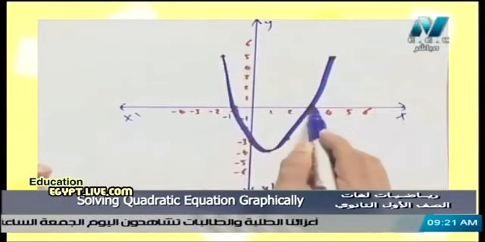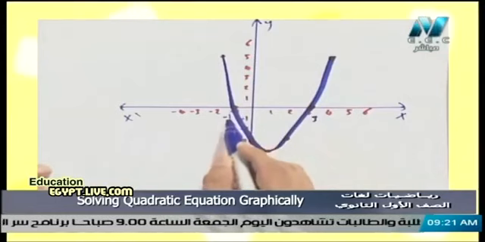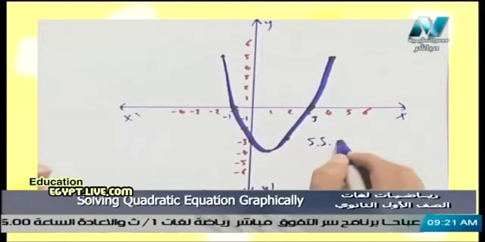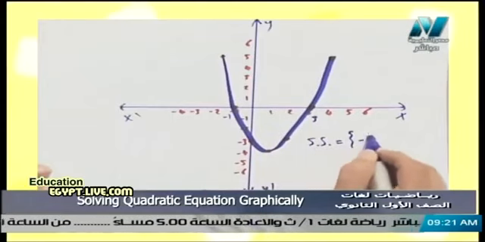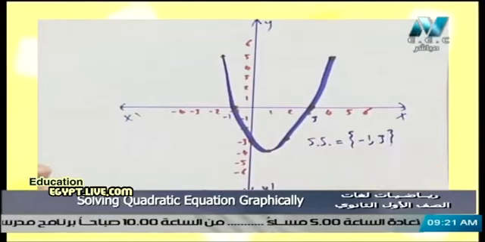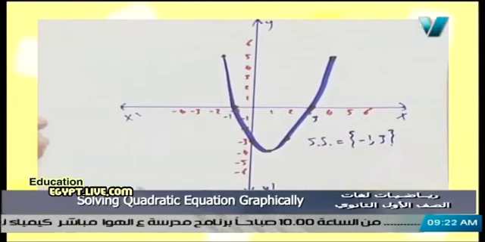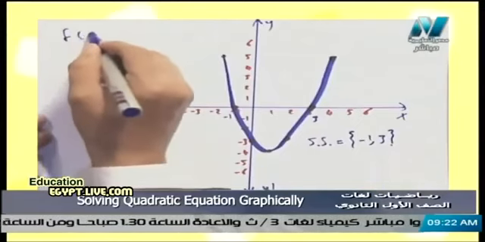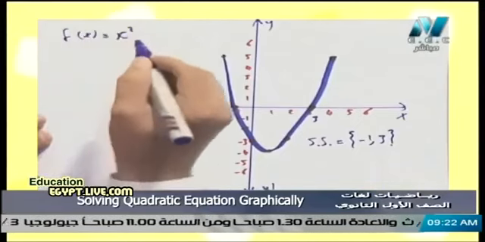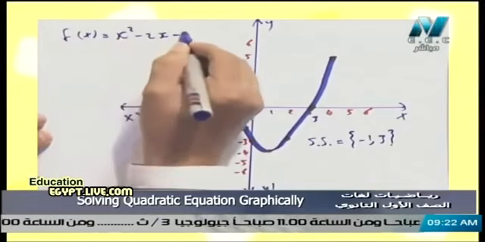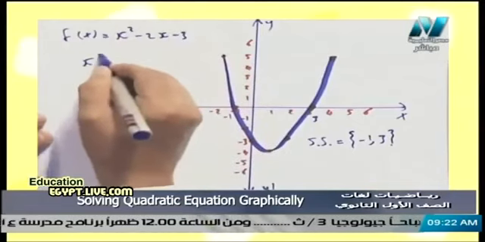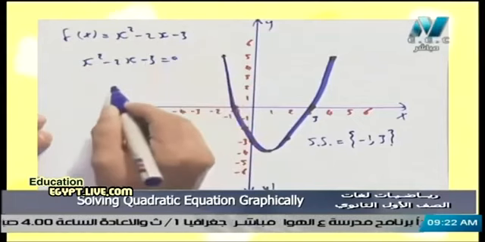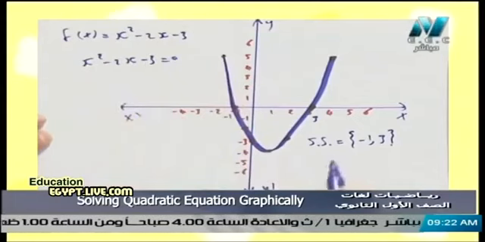The value of x here is negative 1 and here is 3. So we can say that the solution set here equals negative 1 and 3. Now we graphed the function x power 2 minus 2x minus 3, and we solved the equation x power 2 minus 2x minus 3 equals 0. Its solution set is these numbers.